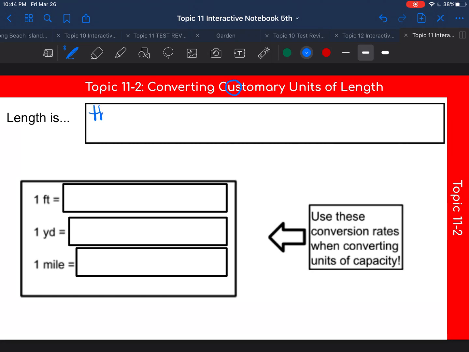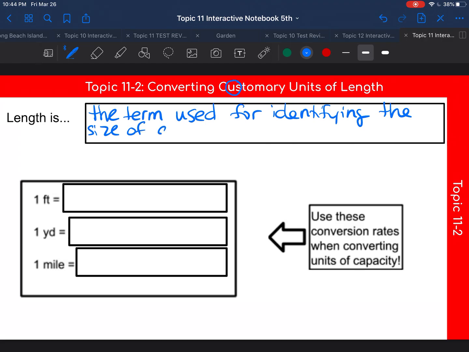Length is basically the term used for identifying the size of an object or distance from one point to another.